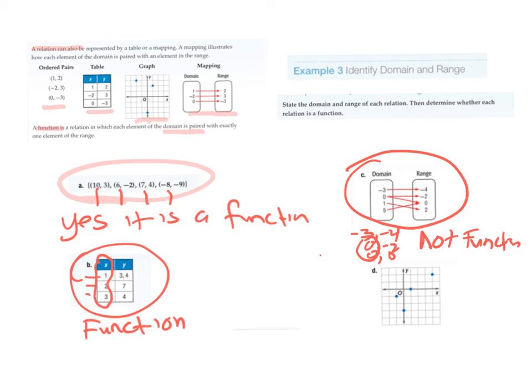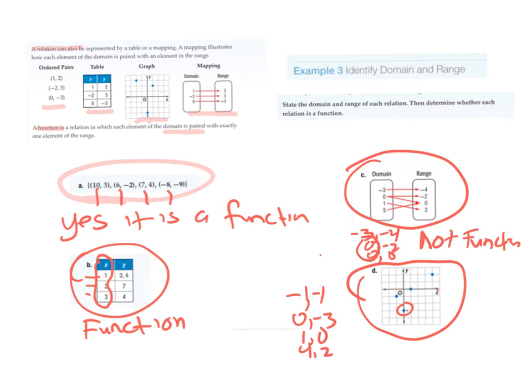And then the last one is a graph. Here's a relation of a graph. So we want to know if this is a function. Basically, I'm going to plot the points again. So this first point is -1, -1. Then this point right here is 0, -3. This point is 1, 0. And this point is 1, 2, 3, 4, so 4, 2.